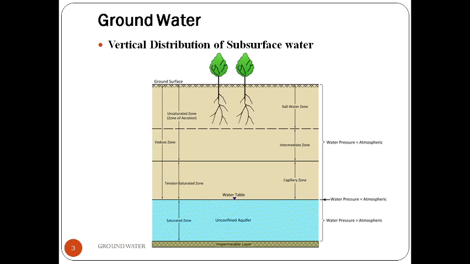The zone between the ground surface and the top of water table is known as vadose zone. The vadose zone consists of unsaturated zone and capillary zone, also known as capillary fringe. The water present in the vadose zone is called vadose water, which is held at a pressure less than the atmospheric pressure.